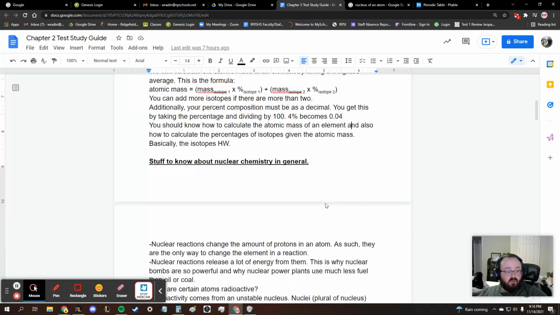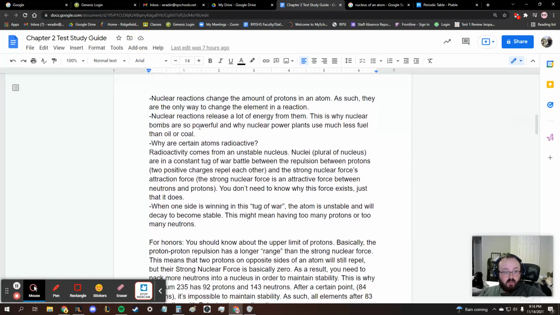Alright. Nuclear chemistry, just things in general. What to know. First, nuclear reactions change the amount of protons in an atom. So this is when you are changing the element. There's a whole branch of medieval science known as alchemy, when the whole purpose was to change lead into gold.